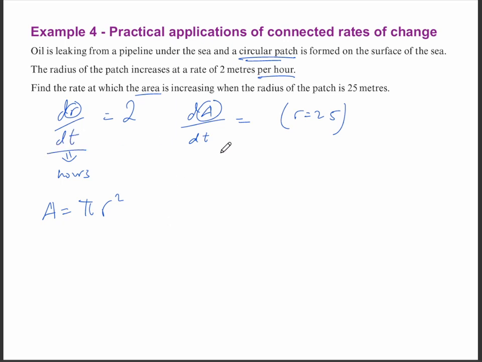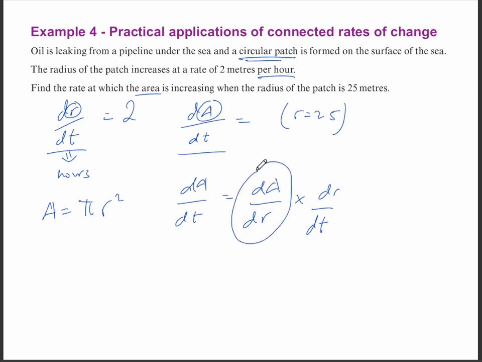And obviously, to find dA over dt, you will need to do dA over dr multiplied by dr over dt, where the dr's will cancel out and you'll be left with dA over dt. This right here is the differentiation of area with respect to radius.